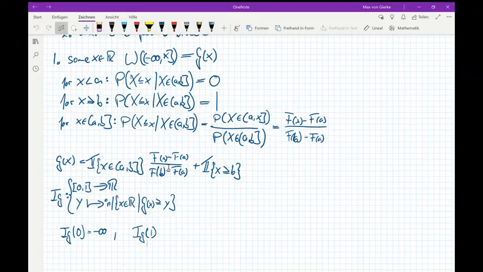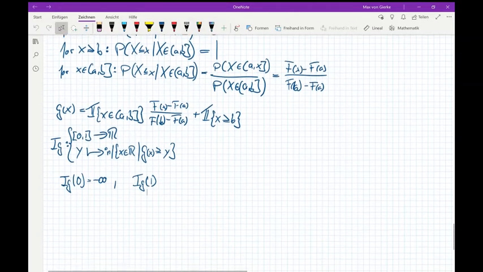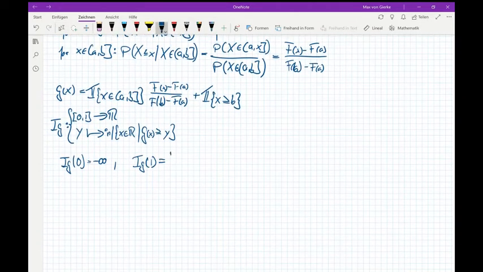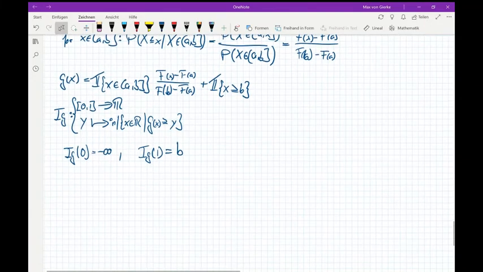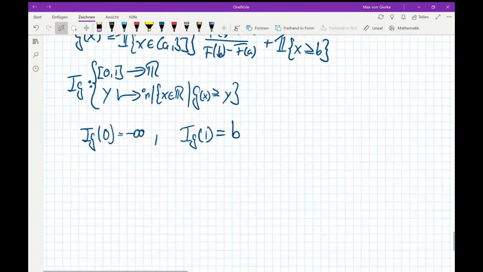No, because this is an increasing function. So we know that this is b.